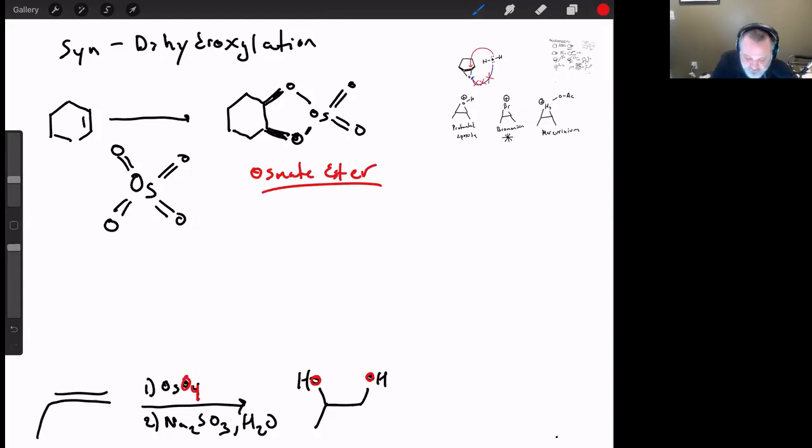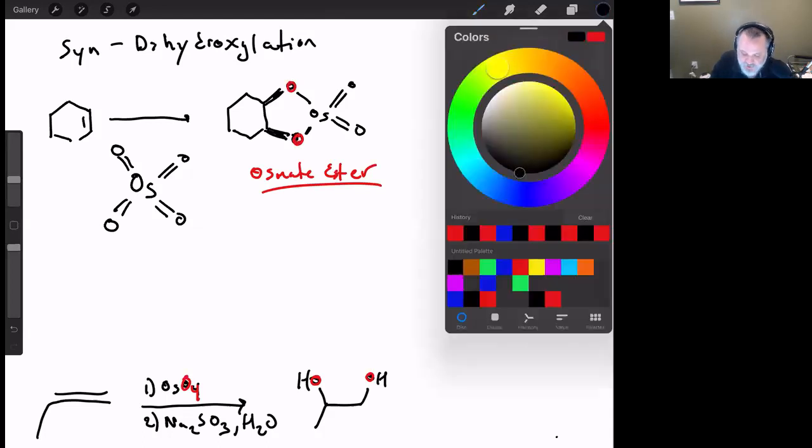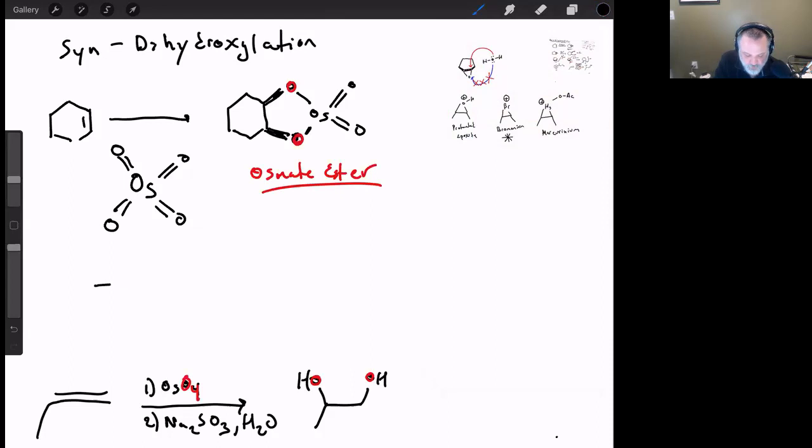And if you think to yourself, well, if I'm doing osmium tetroxide, it's an osmate ester, and that osmate ester is where the oxygens come from, then that means that I end up with a product that has the oxygens on the same side.